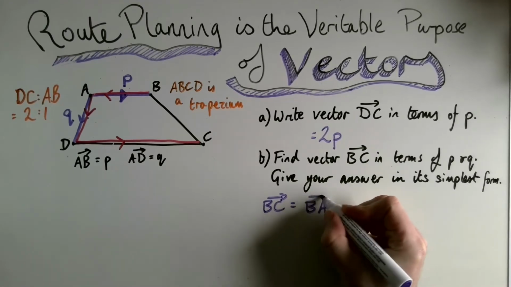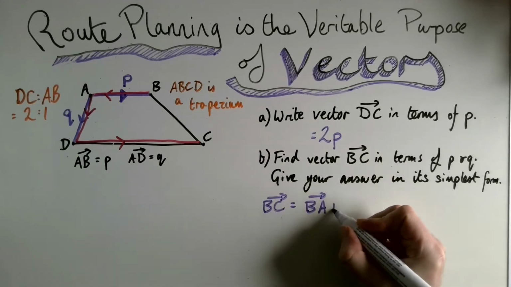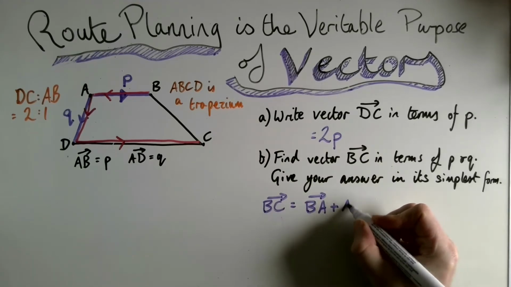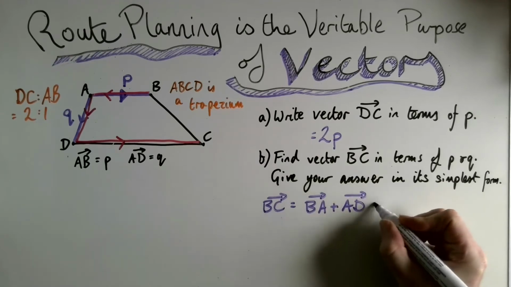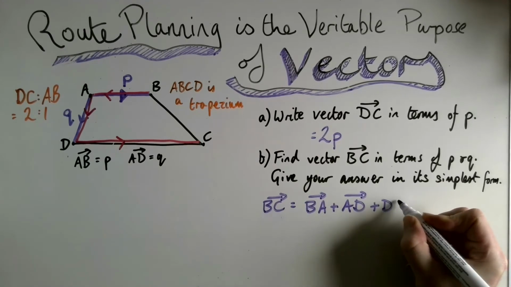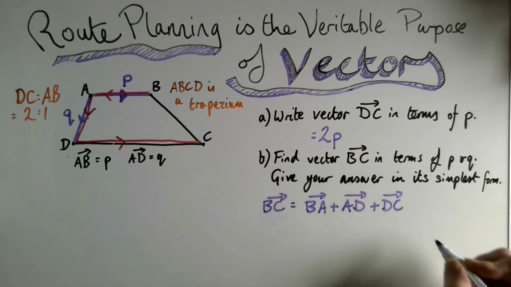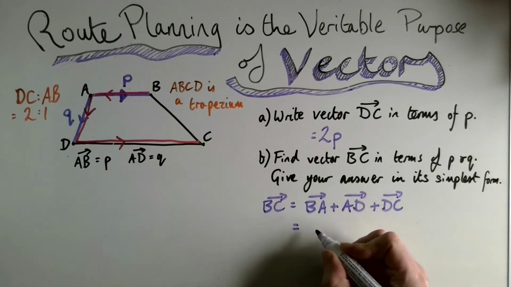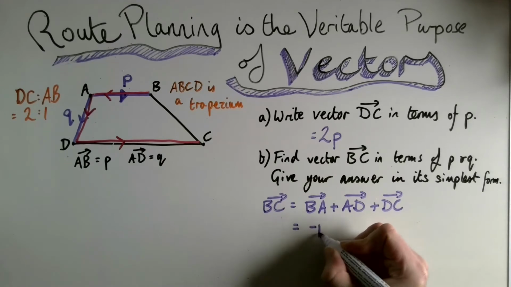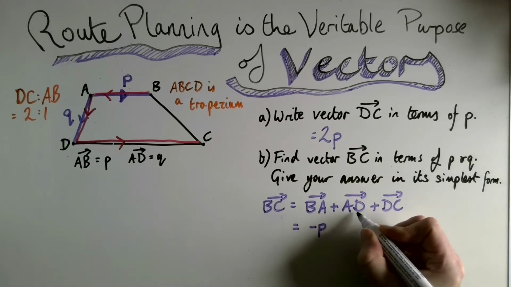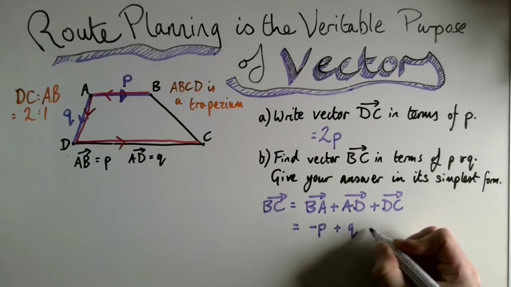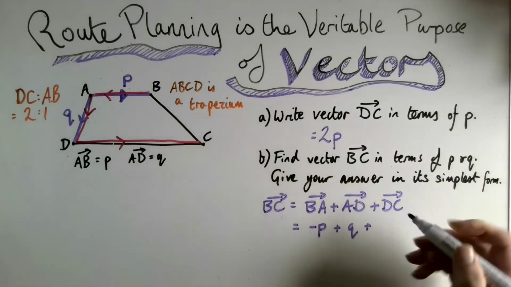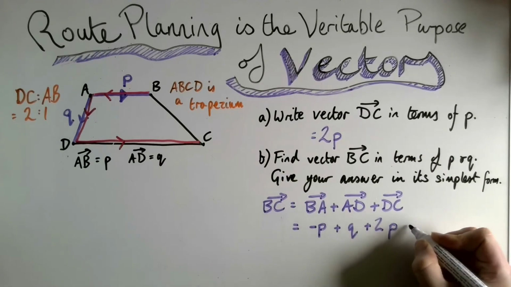B is, I'm going to go B to A, then I'm going to add to that A to D, and then I'm going to add to that D to C. So that's going to give me B to A, it's the opposite of A to B, so it's minus P. A to D is plus Q, and D to C we've just worked out is 2p.